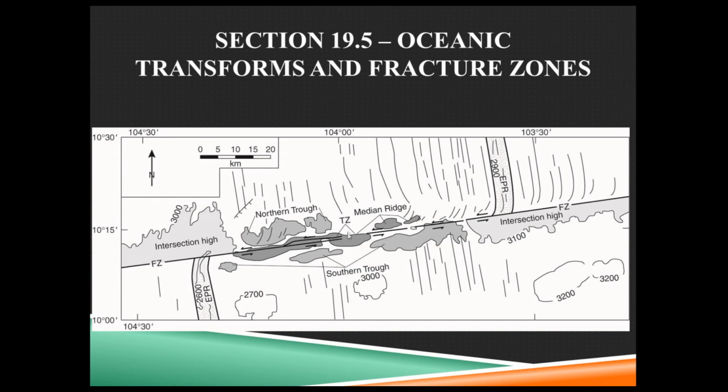If these spreading centers were faster, say they were fast spreading centers of like 7 or 8 centimeters a year, again, in the transform zone, whatever the spreading rate is at these ridges, rifts, you double that, and that's the speed across that transform zone.